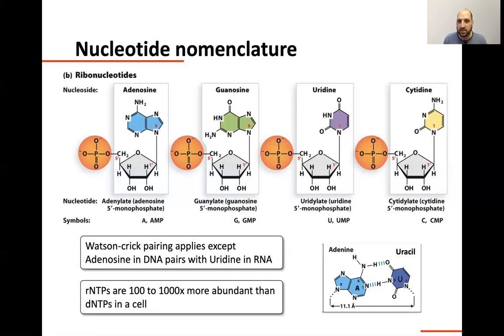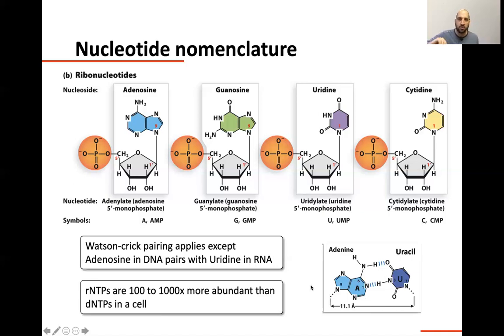So uridine is very similar to thymidine. And you can see down here that we've got adenine bonding to uracil. And so we would expect Watson-Crick pairing to apply to RNA, except instead of bonding A to T, we're bonding A to U. So G bonds to C with 3 hydrogen bonds, and A bonds to U with 2 hydrogen bonds.